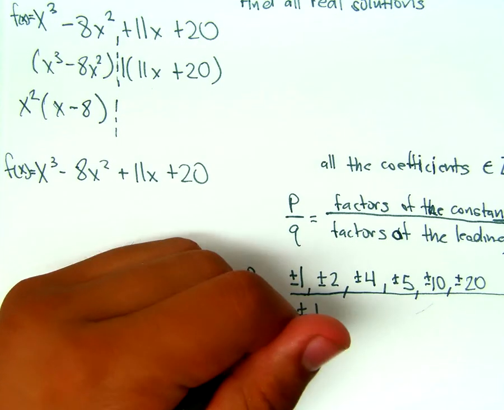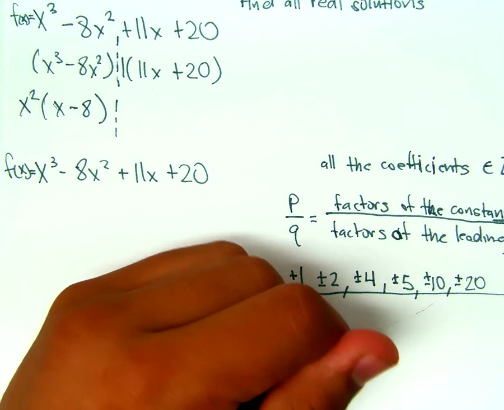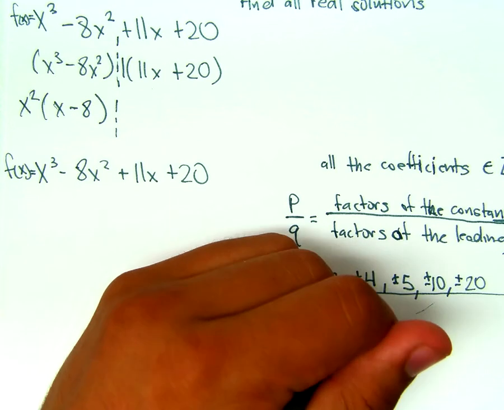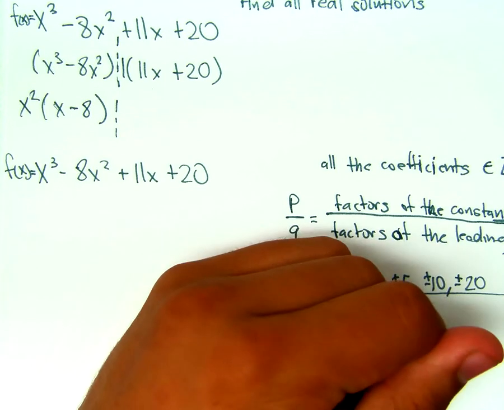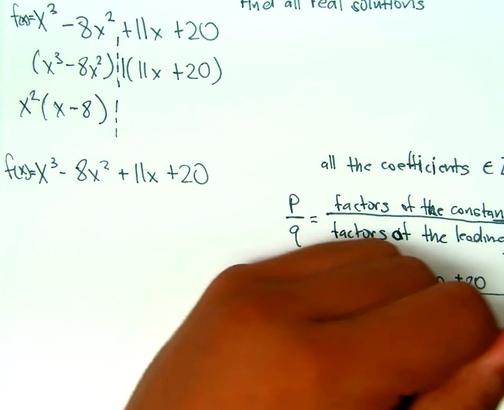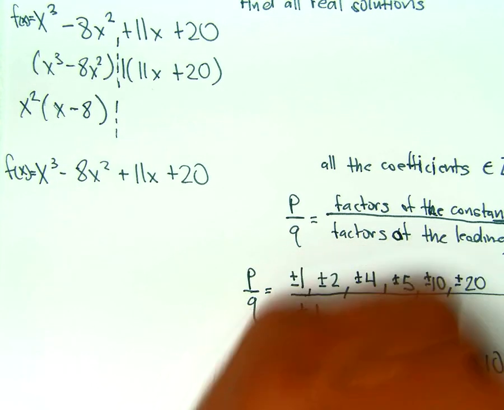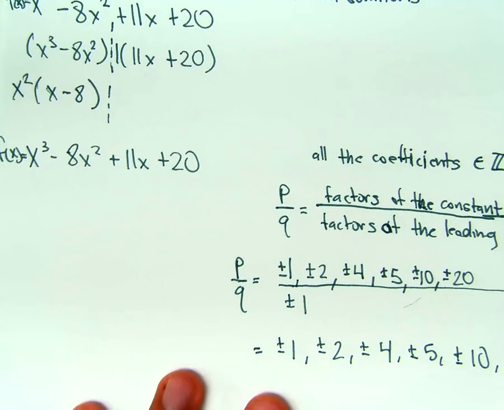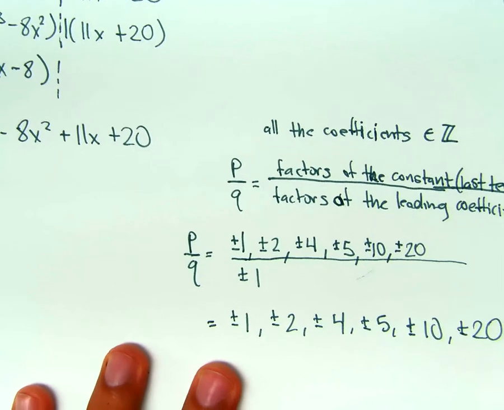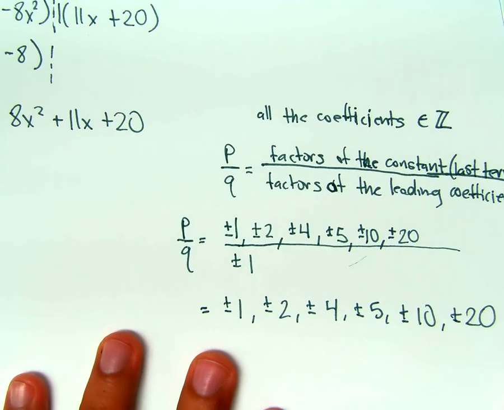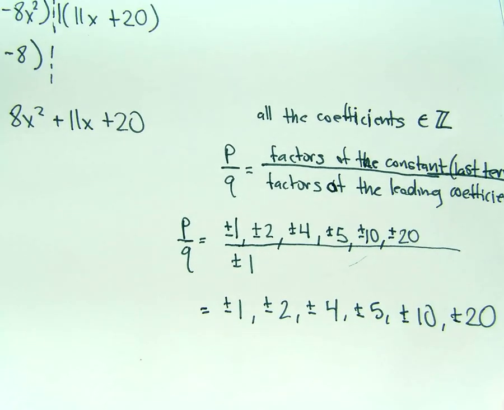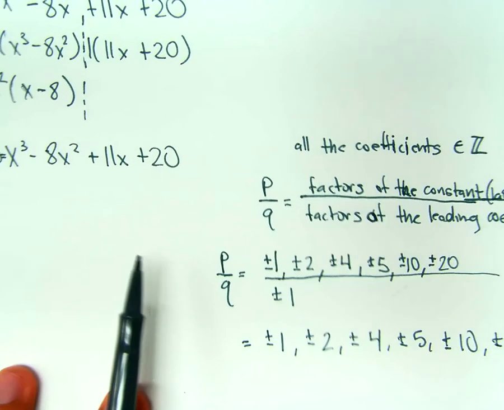So we're going to have plus or minus 1, plus or minus 2, plus or minus 4, plus or minus 5, plus or minus 10, plus or minus 20. Okay? Now these are all the possible solutions to this function here. Okay?